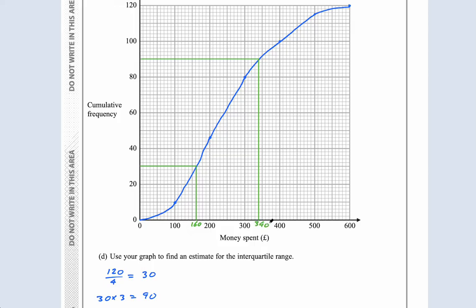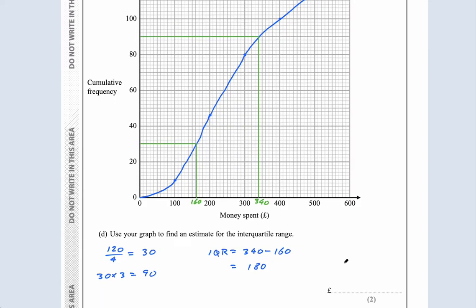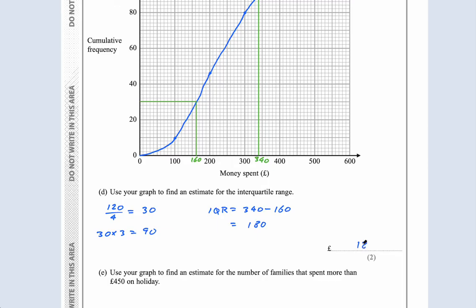Obviously use a ruler. So the interquartile range, the IQR, is the upper quartile, 340, minus the lower quartile, 160, which gives me 180. The mark scheme says accept anything between 175 and 180, so luckily it does accept it.